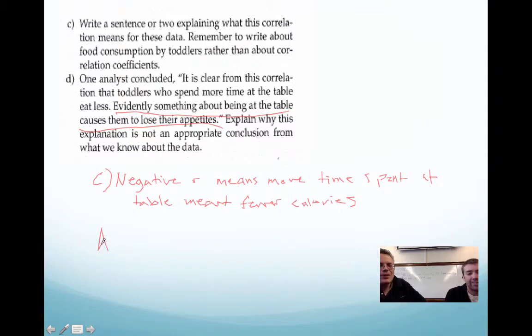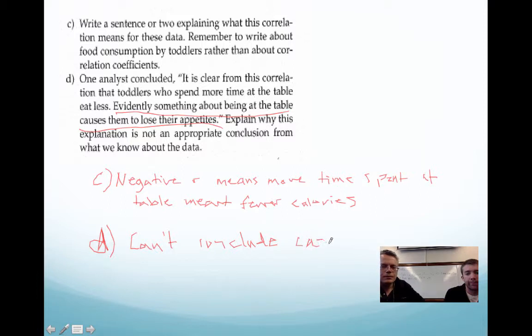So even though we know there was an association, a pattern, we don't know what causes what. Any statement implying that something causes it is automatically false. We can't conclude that. That's going to come up again and again. Even though there's an association, that doesn't mean one causes the other.